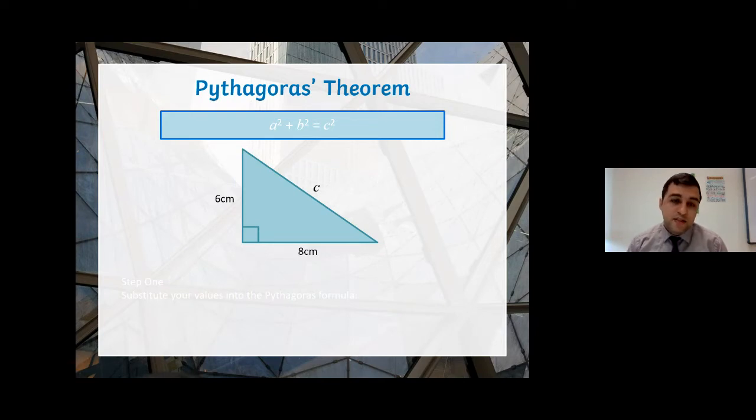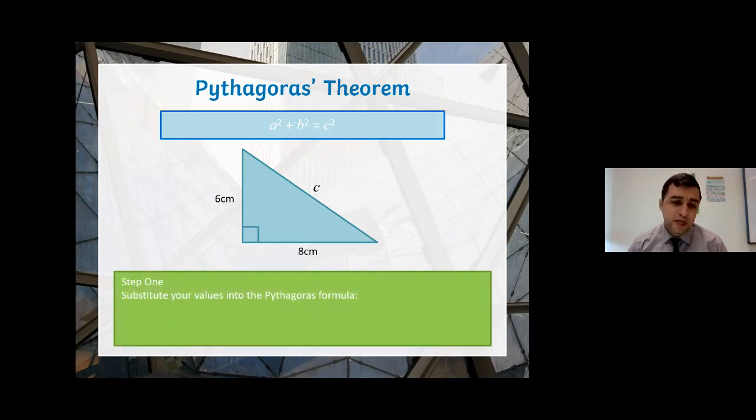Let's apply this formula. For example, here we have the missing longest side. If we want to find this missing longest side, which is c in this case, we should substitute the values of a and b in the formula of Pythagoras. Instead of a, we should write 6.